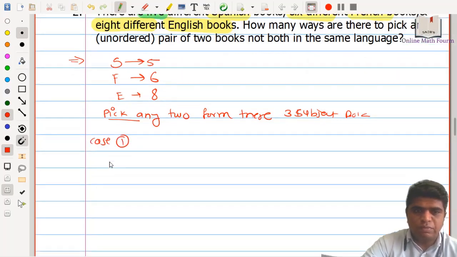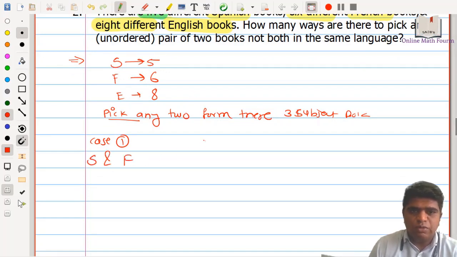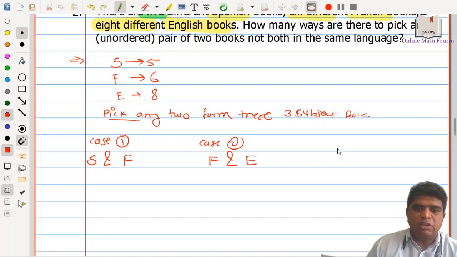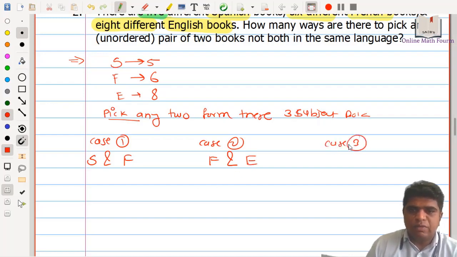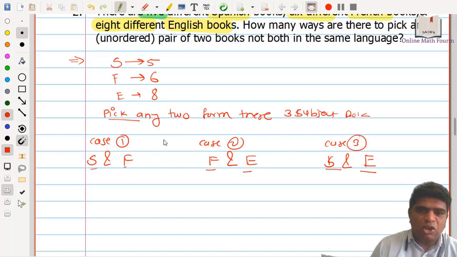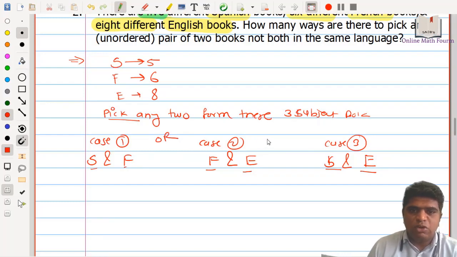Case 1: you select one Spanish book and one French book. Case 2: you select one French book and one English book. Case 3: you select one Spanish book and one English book. All these cases are joined by or: either case 1 or case 2 or case 3.